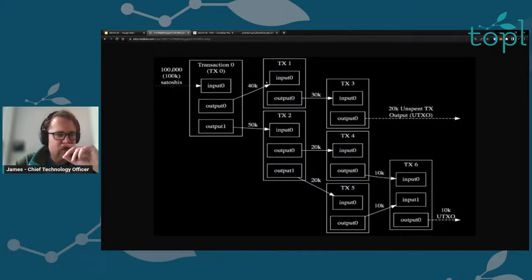So if I were to package this whole set of transactions as a single one, if I were to zoom out and ask what is the net effect of these 7 transactions, you might say, well, there's input 0. I came in with 100,000 Satoshis, and I went out with, because it should equal 100.